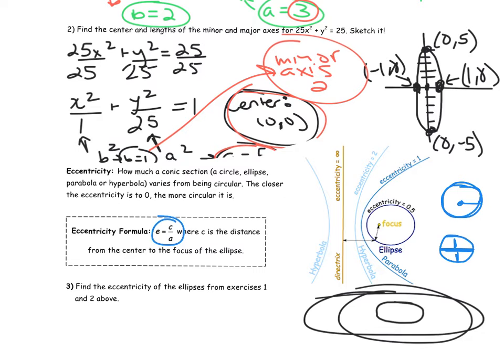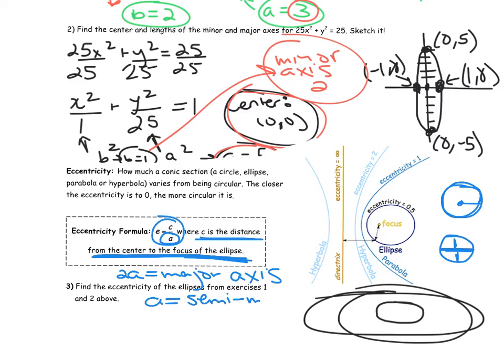So the formula that we're going to be using for eccentricity is E equals C over A, where C is the distance from the center to the focus of the ellipse. That's something we already talked about. And then A, remember 2A is the major axis. So A is the length of the semi-major axis, because we're taking half, right?